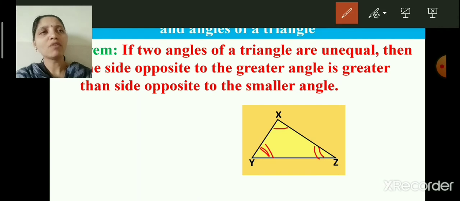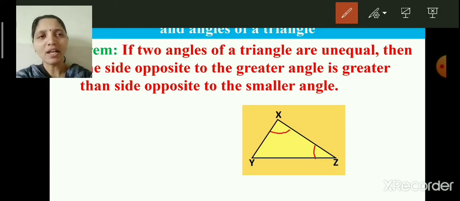So here if you consider this angle, angle XYZ, and I am considering this angle, angle XZY, what you can say here?